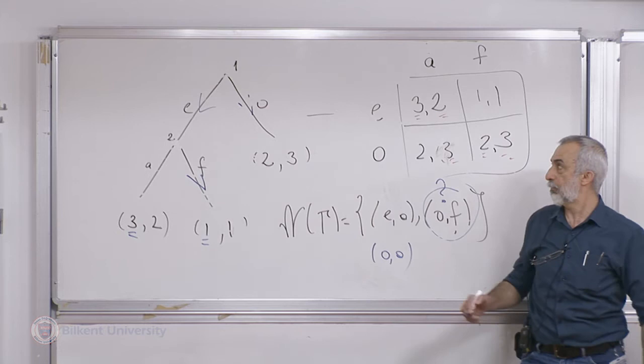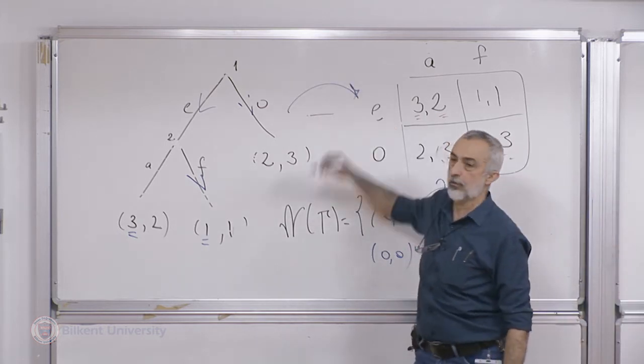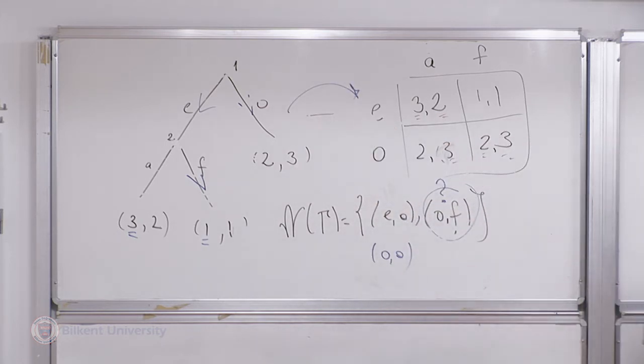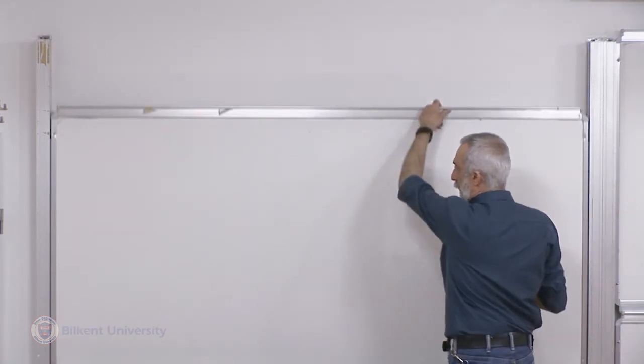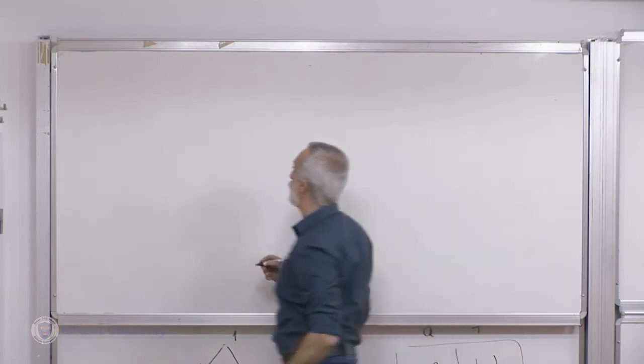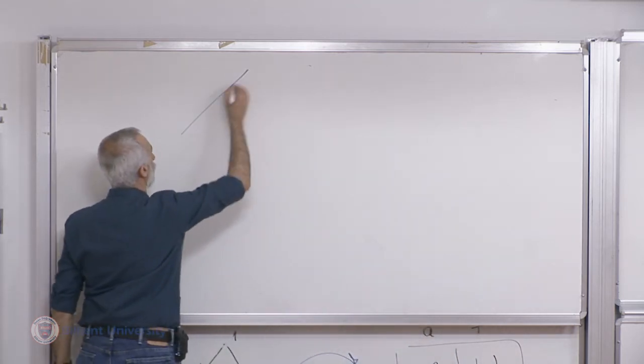So let's get a better idea about how to do this transformation. Let's again work on another simple example, the voting game.